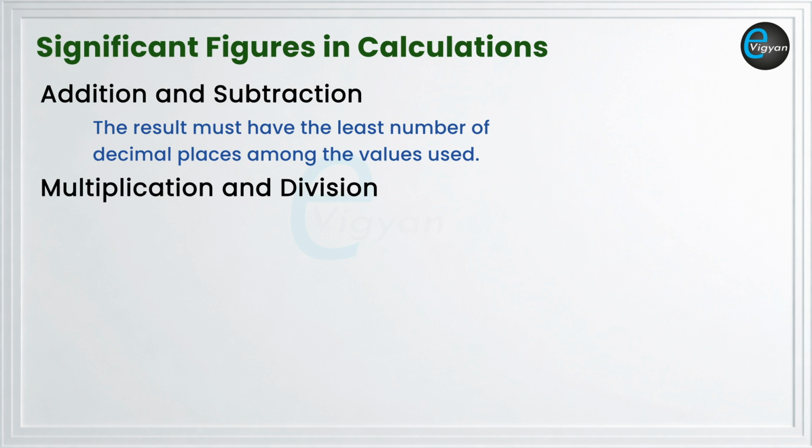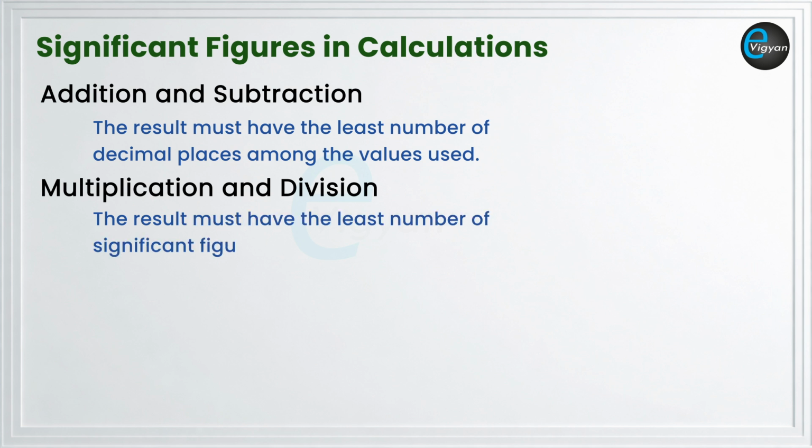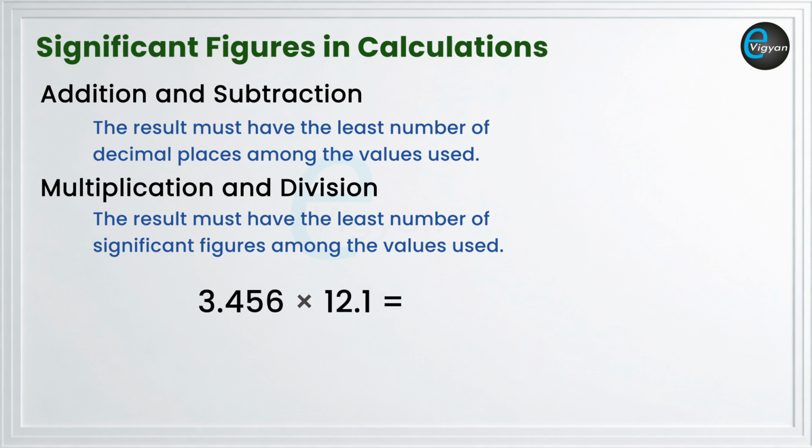How are significant figures important in multiplication and division? In multiplication and division, the result must have the least number of significant figures among the values used. For example, if you multiply 3.456 by 12.1, the answer is 41.8176.